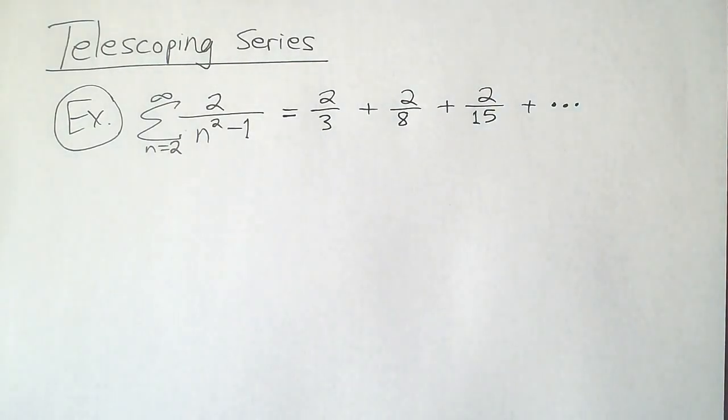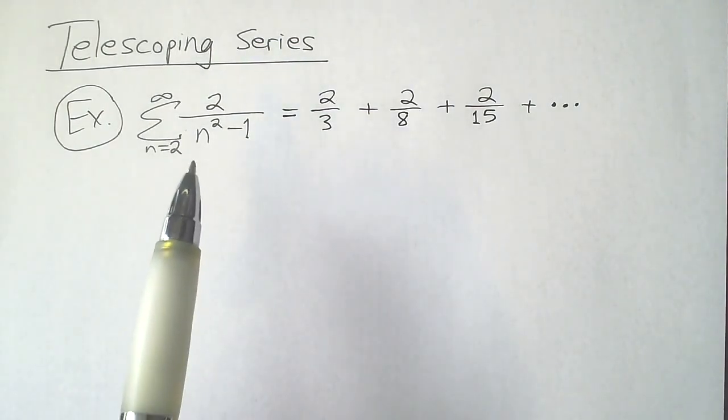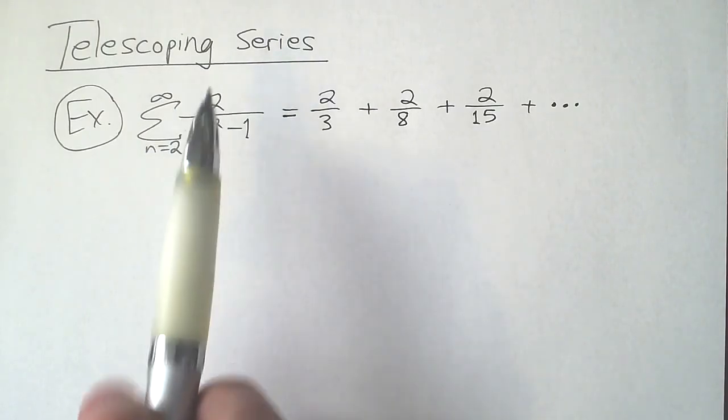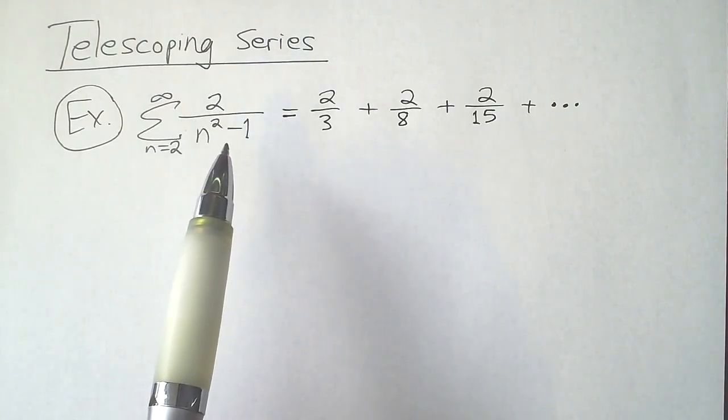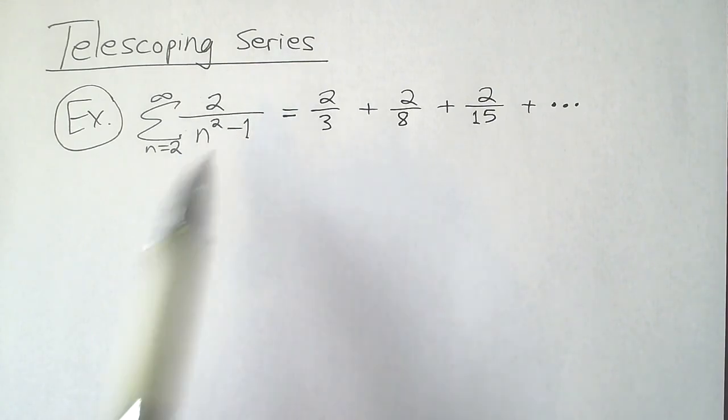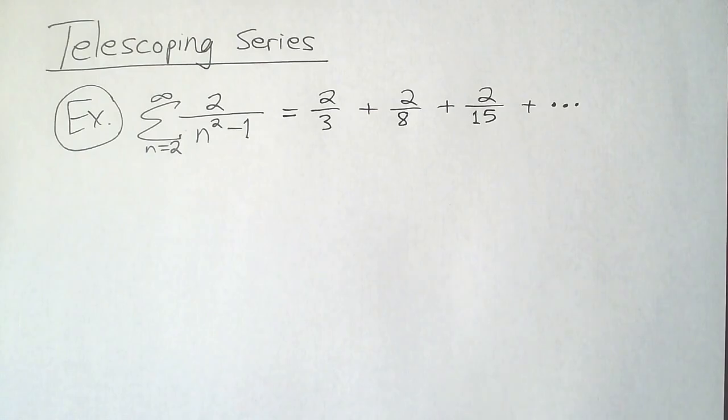Now, by the way, if I wanted to know if this converges, I might try the test for divergence, but I can actually tell, even without writing it, I could do a quick mental check and say, what's the limit of these terms? And I can tell the limit of these terms is 0, so the test for divergence is inconclusive.